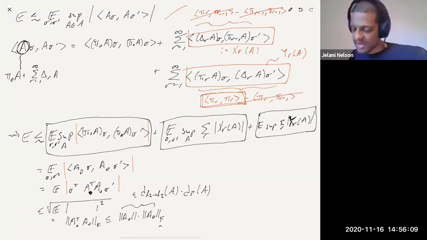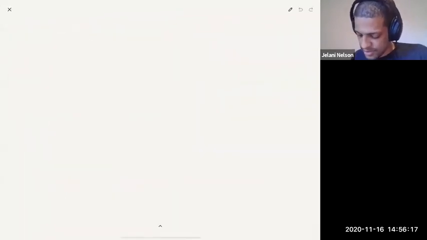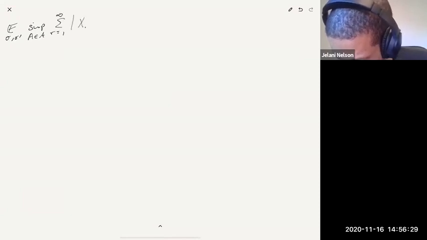Okay, so how do we bound the next term? So now we have to just focus on this thing: the expectation over sigma and sigma prime of the sup over A in script A of the sum over r from 1 to infinity of X_rA.